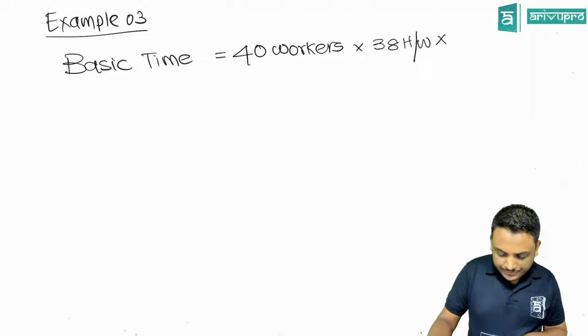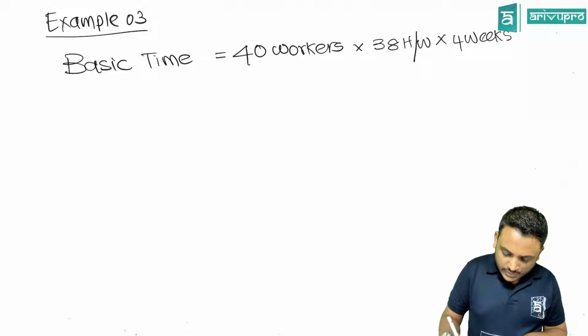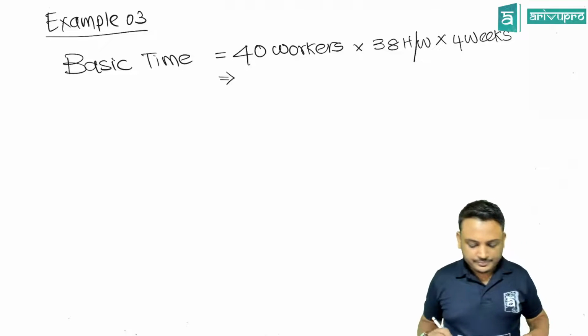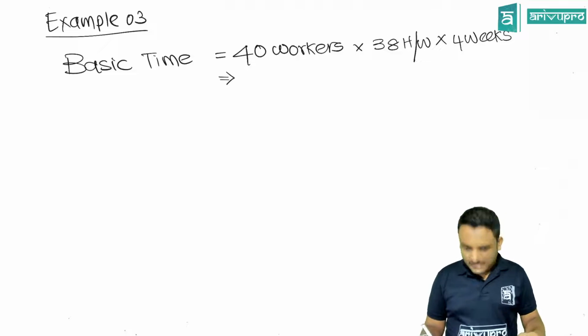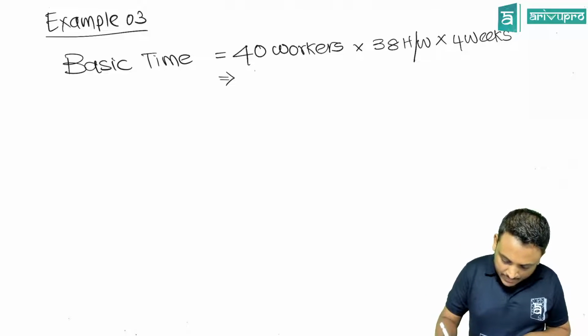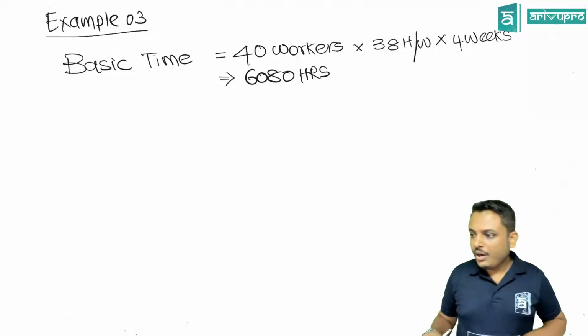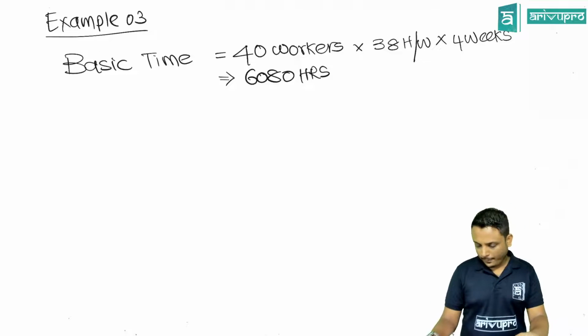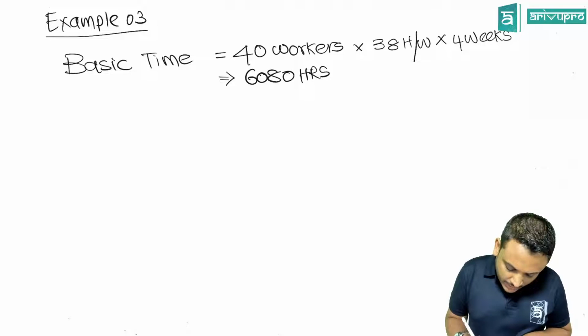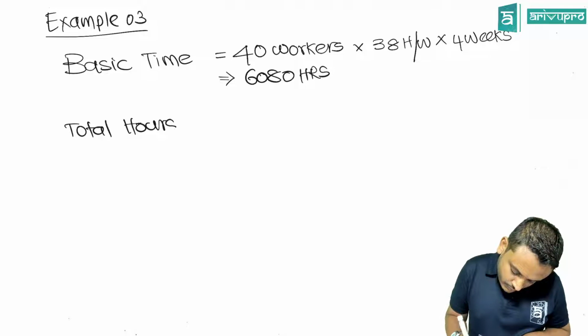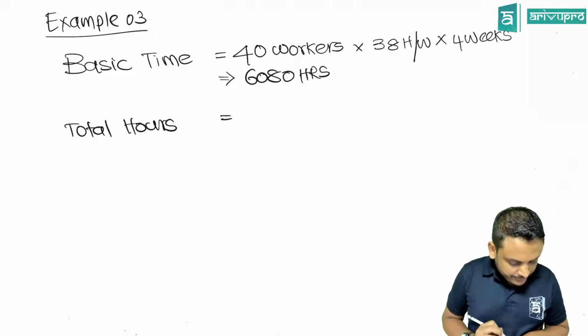How many weeks? 4 weeks. Calculate this amount first. 6,080 hours. How many of you got this answer? Very good. Total hours, how much?